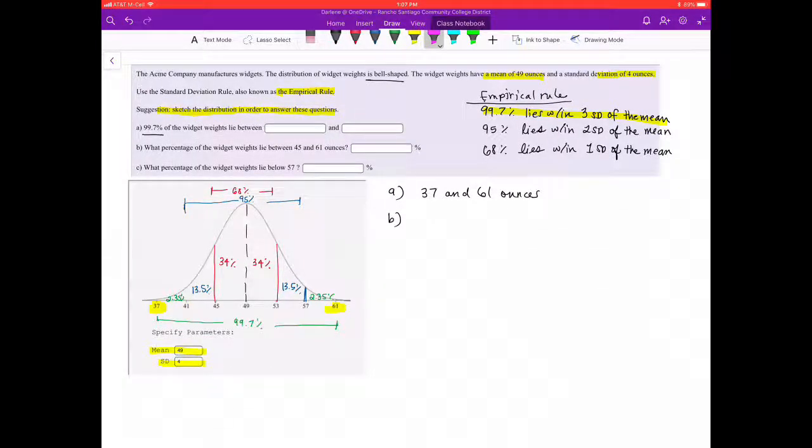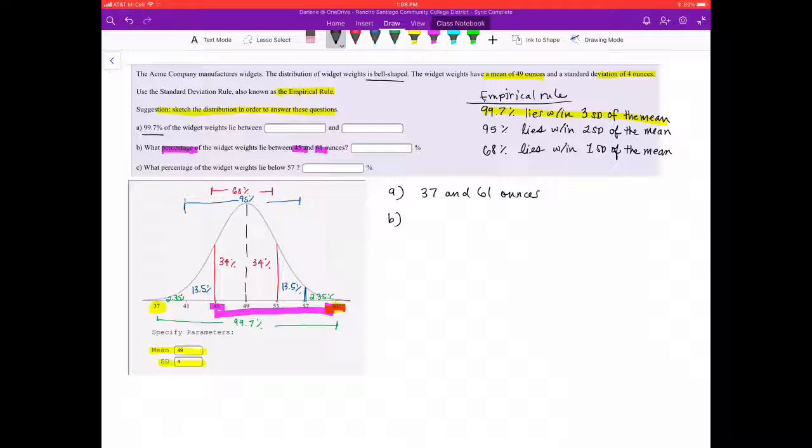For part B, they ask us what percentage of the widget weights lie between 45 and 61 ounces. So here I'm given the ounces, which is 45 to 61, and I need to know the percentage of widgets between those 2 ounces. So I'm going to just add up all the percents in between 45 and 61.